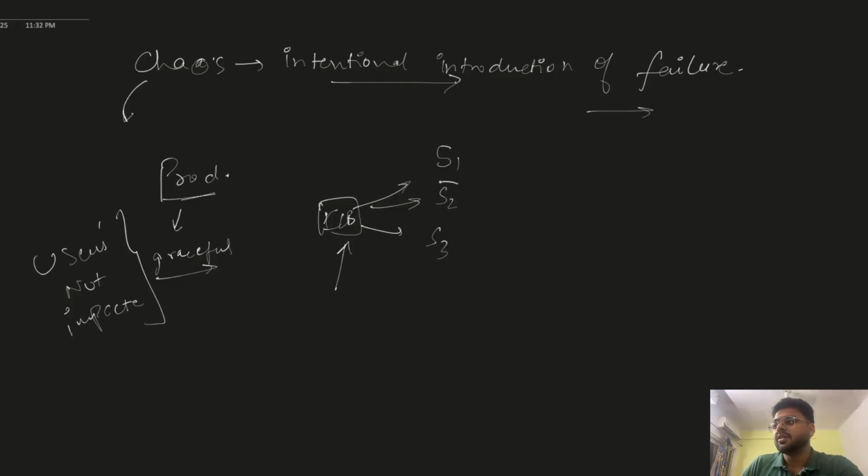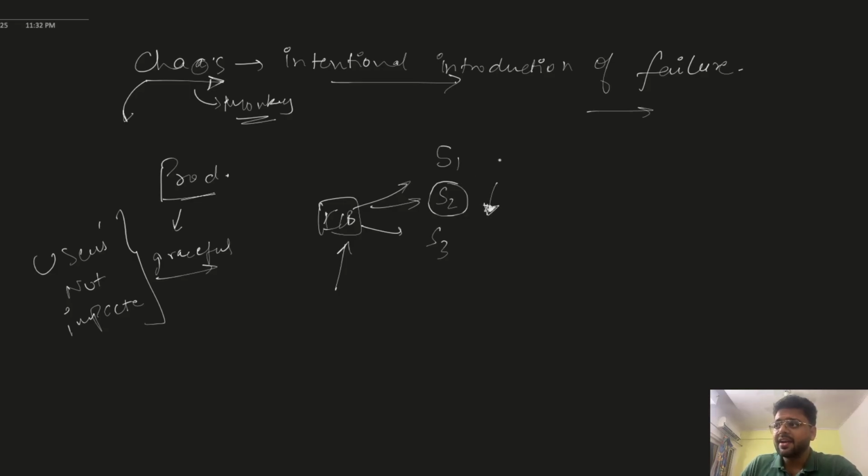This is a best practice to test the system. So they run a chaos monkey at any point of time, and the chaos monkey brings down some of the microservices or servers.